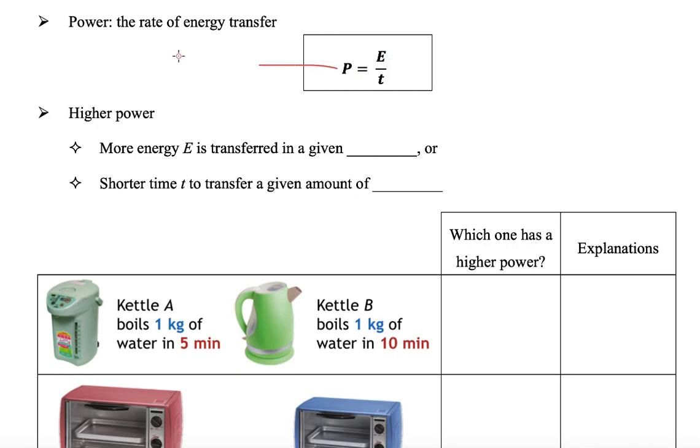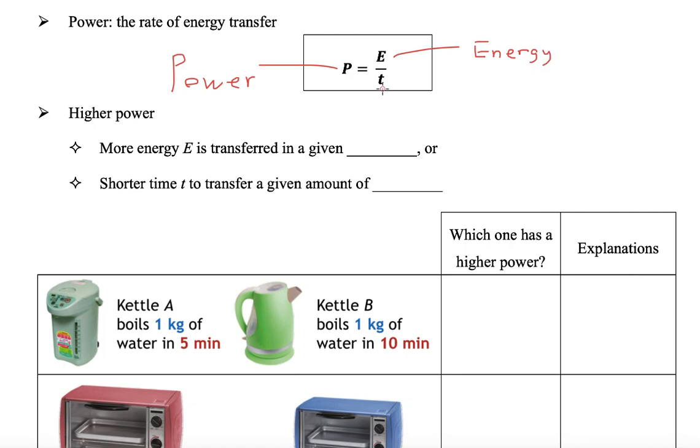P is the power. And what is E? I think you know that it's energy, since we are talking about the rate of energy transfer. And what is t? This is a small letter t.